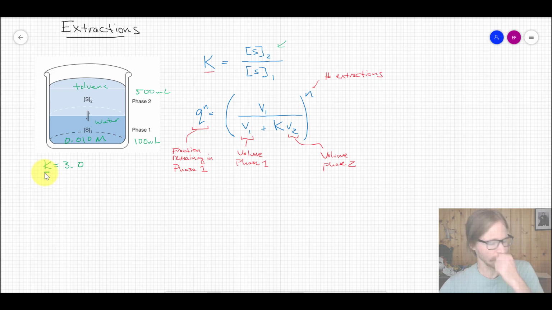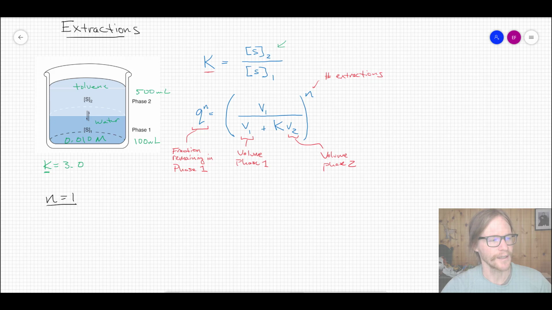So let's assume for the first example here that n equals 1, meaning we do this one time. So we mix these things together, we shake it up really good, we allow it to reach equilibrium. What is the equilibrium concentration, or in other words, computing Q?